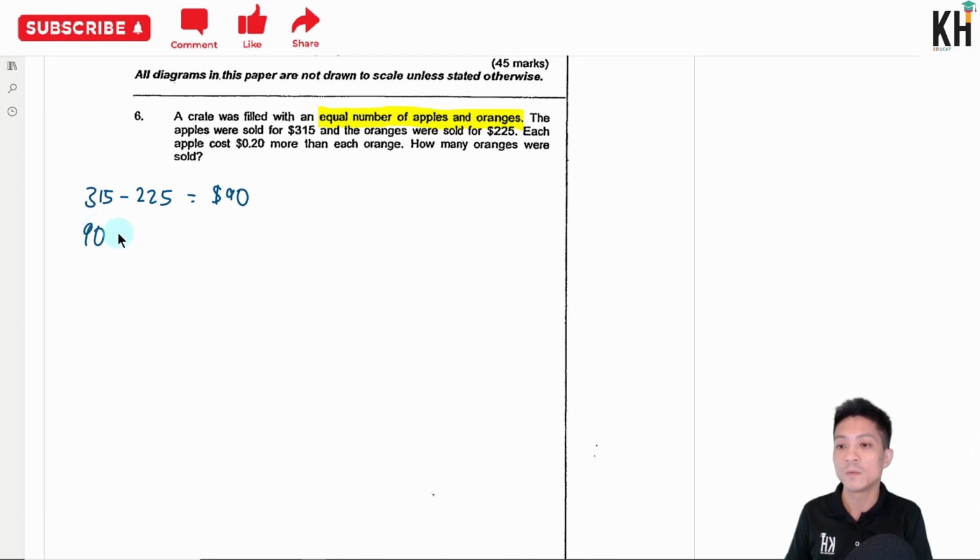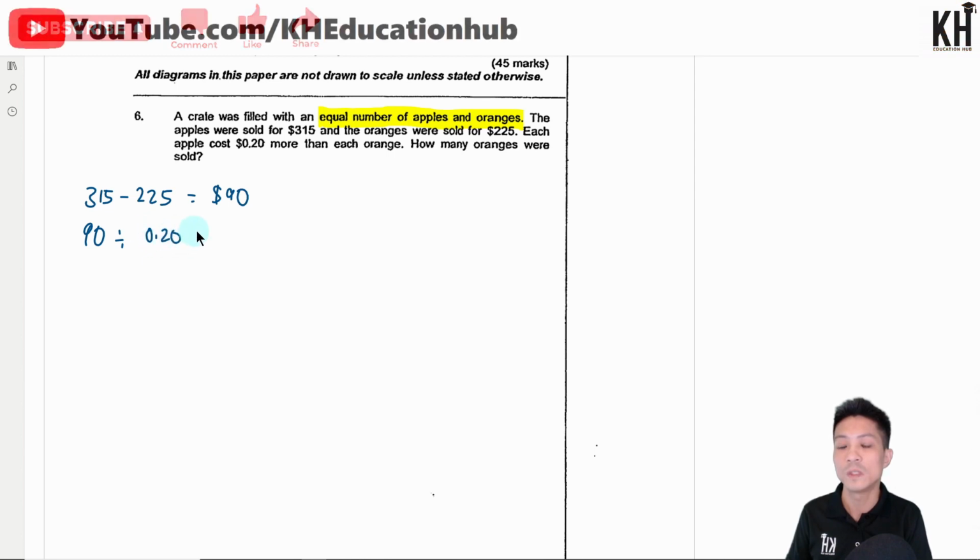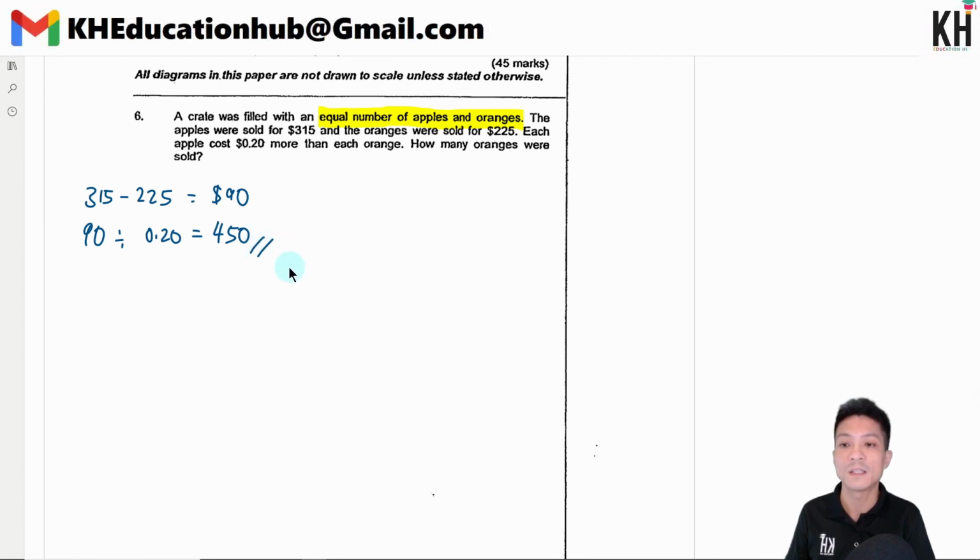Okay, the next step will be to use the $80 divided by the difference of each apple, which is 0.20. Okay, so 400 is the answer.